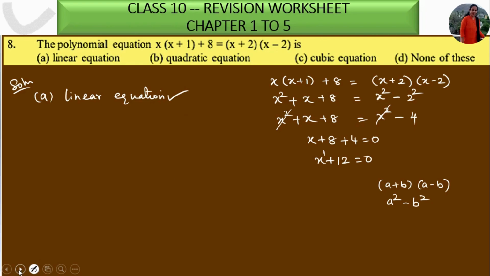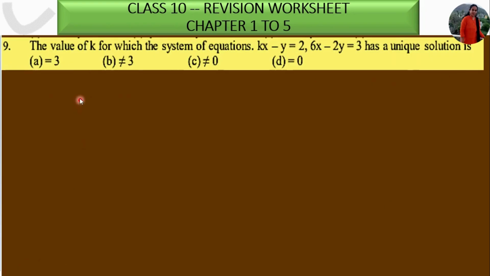Moving on to the ninth question. The value of k for which the system of equations kx minus y is equal to 2, 6x minus 2y equal to 3 has a unique solution is dash. So we have to find the value of k. So what is the condition to have a unique solution?